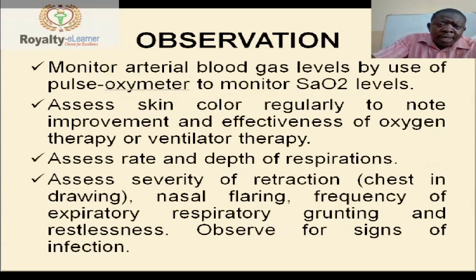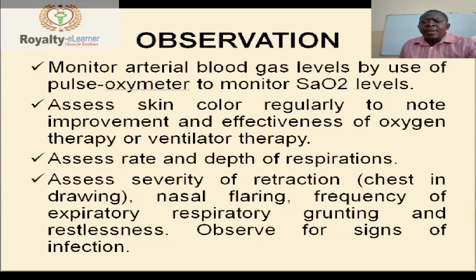Observations. You can monitor arterial blood gas levels and use a pulse oximeter to monitor oxygen saturation levels. You can assess skin color regularly to note improvement and effectiveness of oxygen therapy or ventilator. It is also important to assess the rate and depth of respiration.